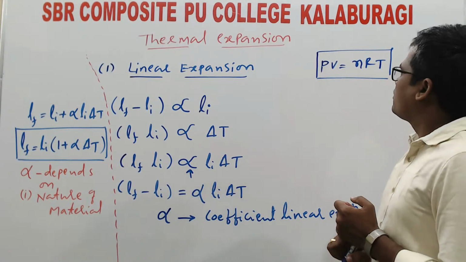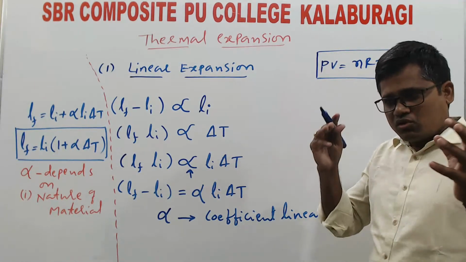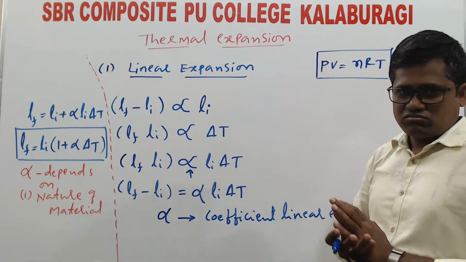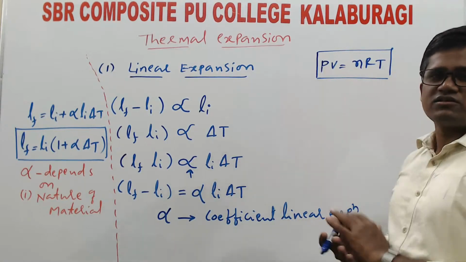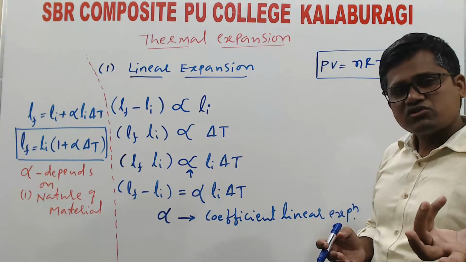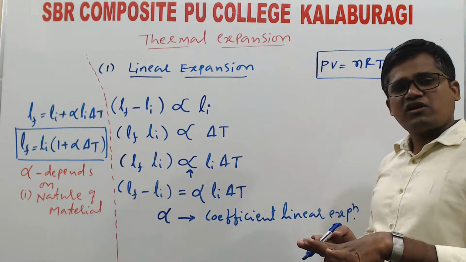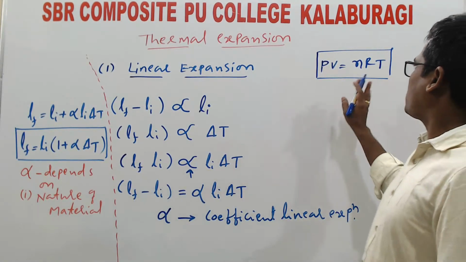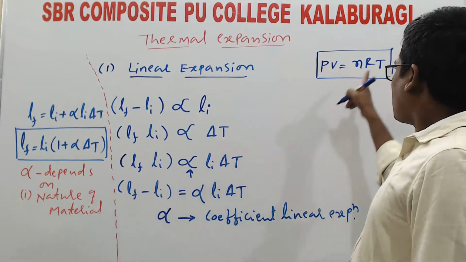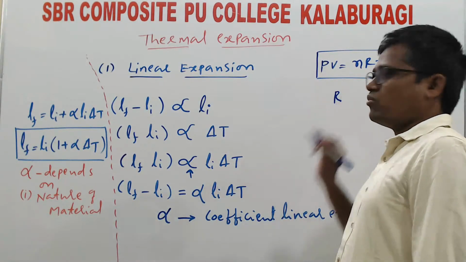Now, from a molecular perspective: moles, 1 mole, 2 moles, like that. If 10 molecules are there, or 15 molecules are there, and you want to write it from a molecular perspective, what do we do? R is the gas constant for 1 mole.